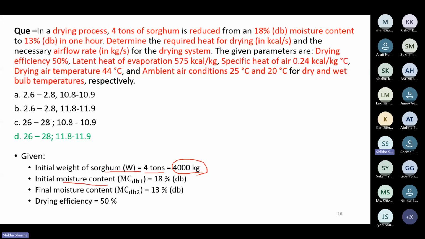The initial moisture content is 18% on the dry basis. Final moisture content is also given on the dry basis, 13%. Drying efficiency of the drying system is 50%.